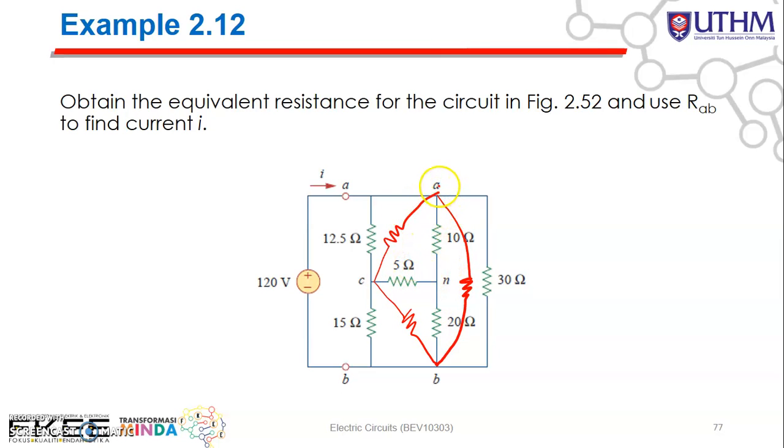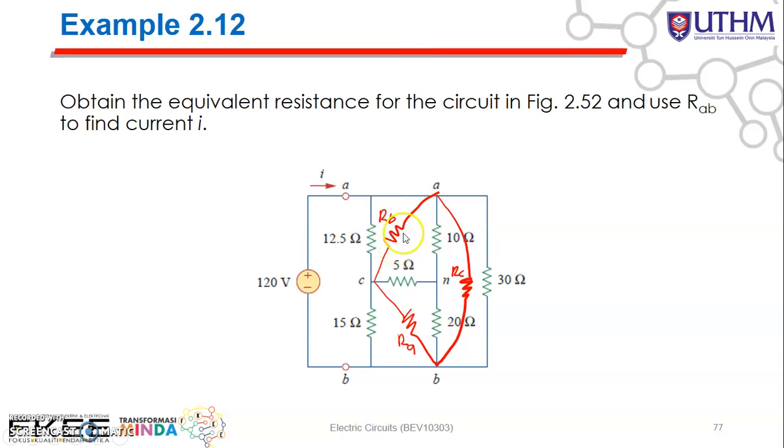From A, whatever resistor is connected across it is my RA. From point C, whatever resistor is connected across it is RC. For point B, whatever resistor is connected across it is RB.